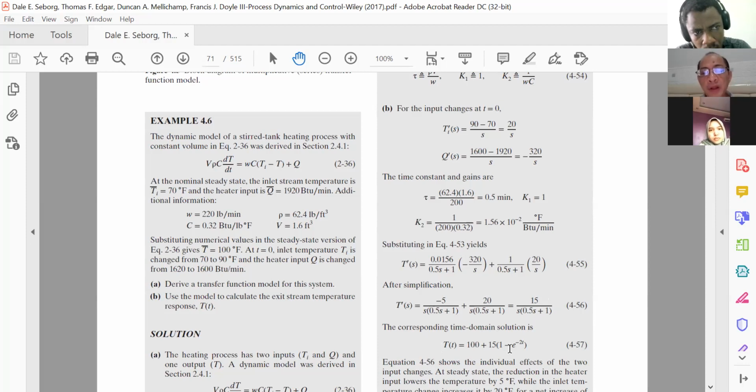As you can see, you should put back the real variables. Don't stop only at the deviation variables; put it back into real variables. In this case, T is equal to 100 plus 15 times (1 minus e to the minus 2t). Any questions?